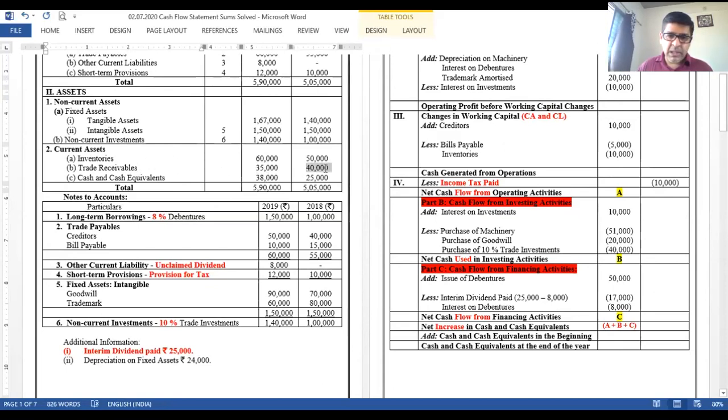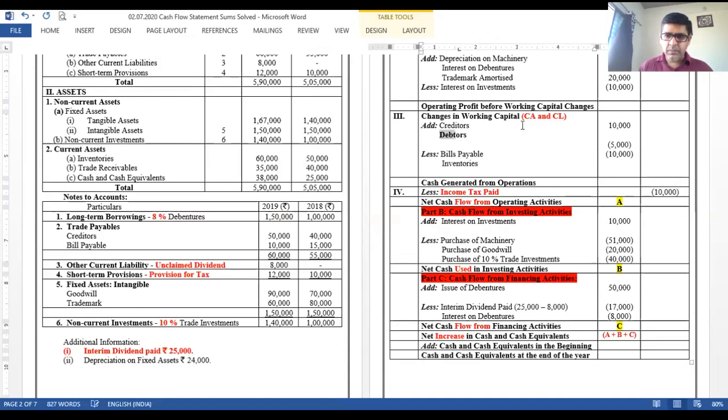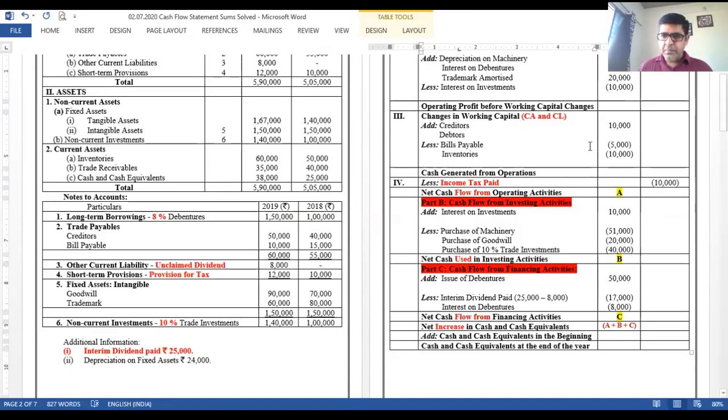Trade receivables has decreased from 40 to 35. That means decrease in asset, cash must have been realized. So cash comes in, that is put over here as inflow, along with creditors and debtors. The difference is 40 to 35, 5,000.